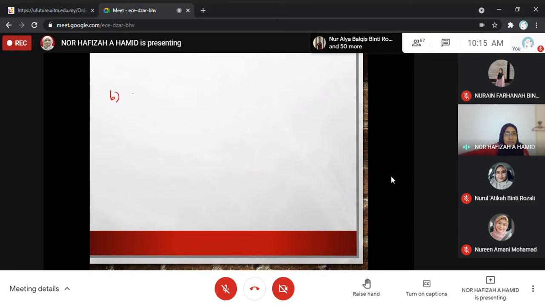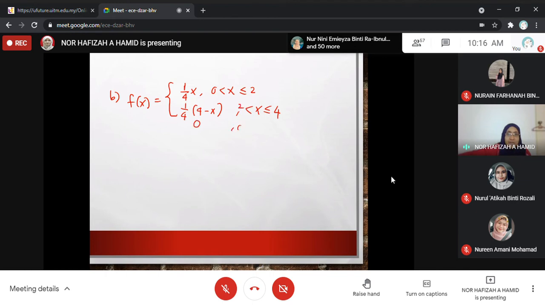After you substitute k with 1/4, then the new function will becomes, you have 1/4x, and your limit is less than 2, greater than 0. Next, kita ada 1/4, 4 minus x. Okay. So yang ini represent x less than equal to 4 but greater than 2. Okay, and we have 0 for otherwise.